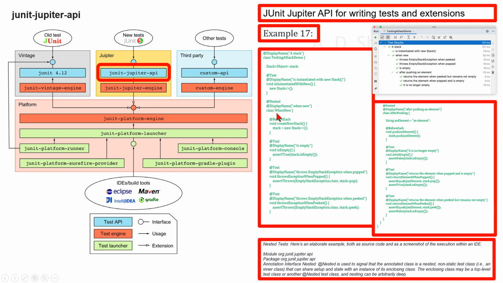Nesting can be arbitrarily deep, and those inner classes are subject to full lifecycle support with one exception. @BeforeAll and @AfterAll methods do not work by default. The reason is that Java does not allow static members in inner classes prior to Java 16.